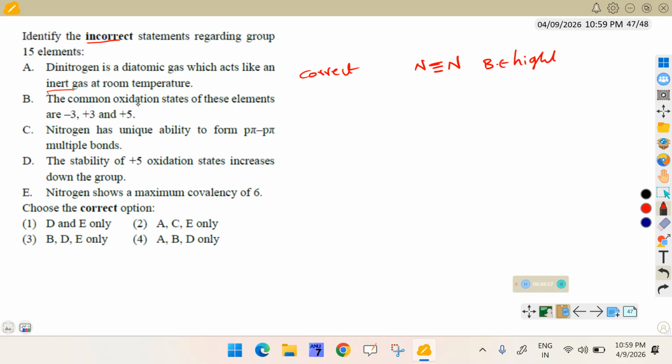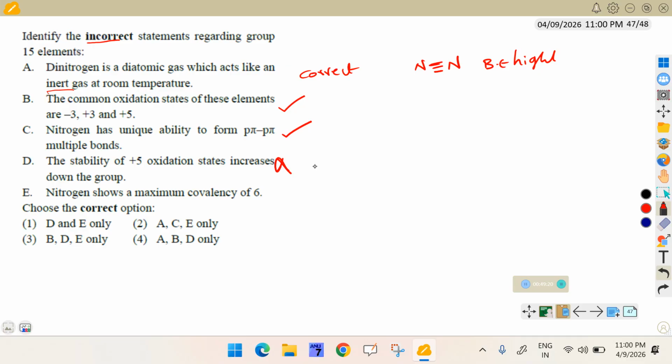The common oxidation states of these elements are -3, +3 and +5. Yes, this is also correct. Nitrogen has unique ability to form p-pi multiple bonds, correct. The stability of +5 oxidation state increases down the group, wrong.